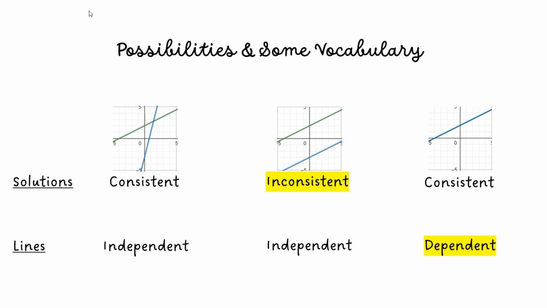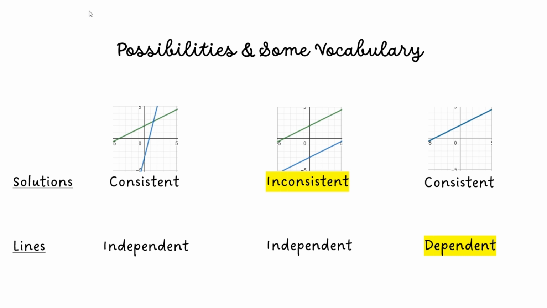Usually the way I memorized these for myself was I looked at the ones that were different. So that's why I have them highlighted and why they sort of appeared in a different way on the screen, because if you can think of the things that are the differences. So the inconsistent system with the two parallel lines, and the dependent system with the lines that lay right on top of each other, I think that is a more efficient way to do it than to just try and memorize this graphic or some other presentation that your instructor has given you.